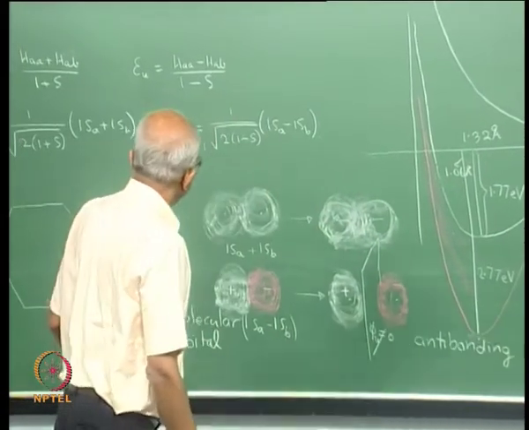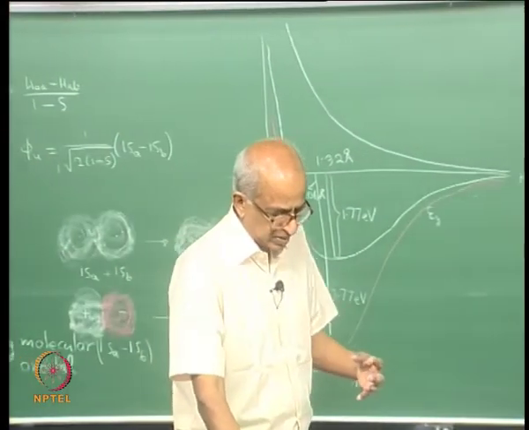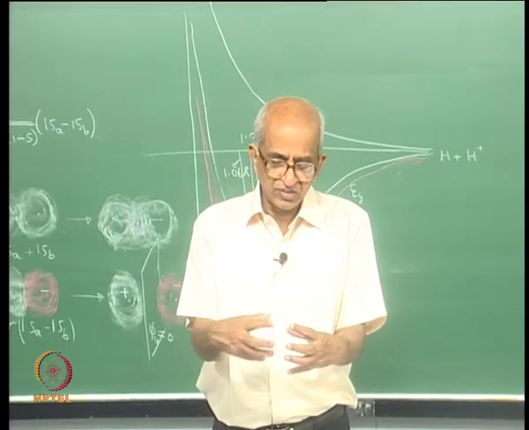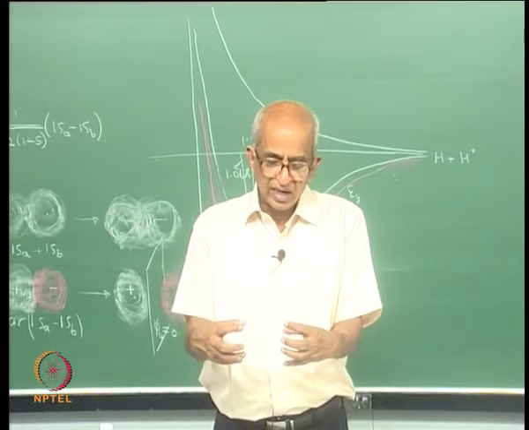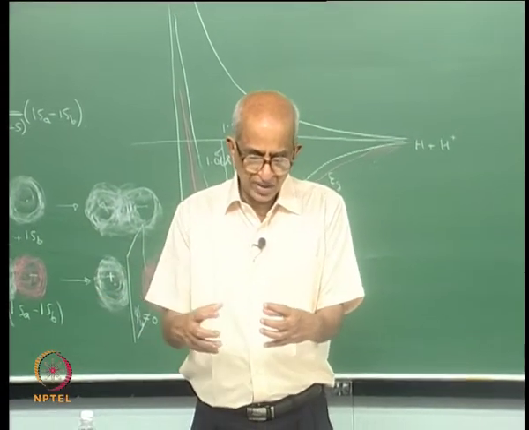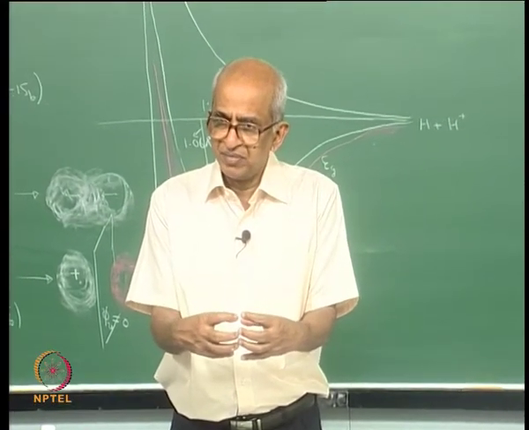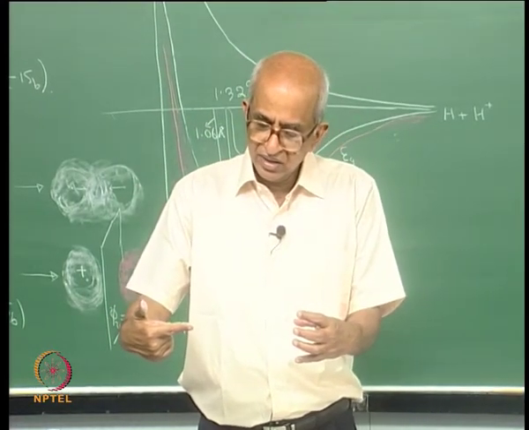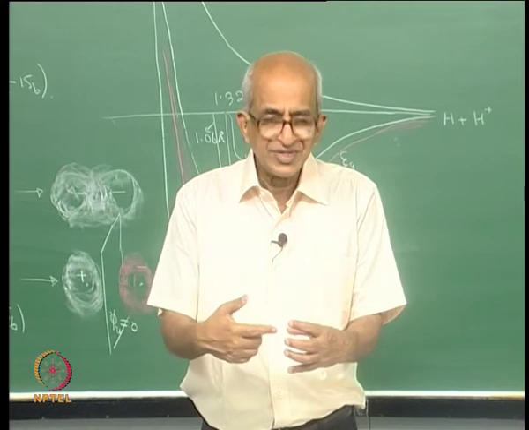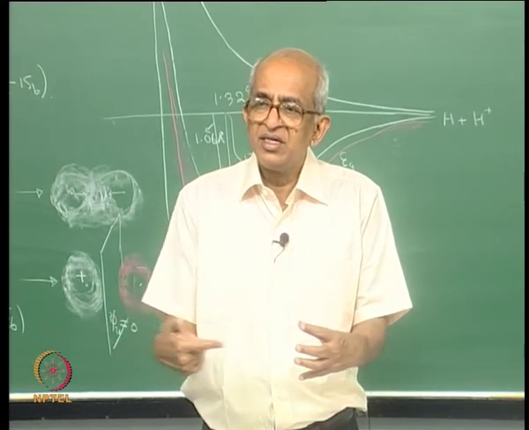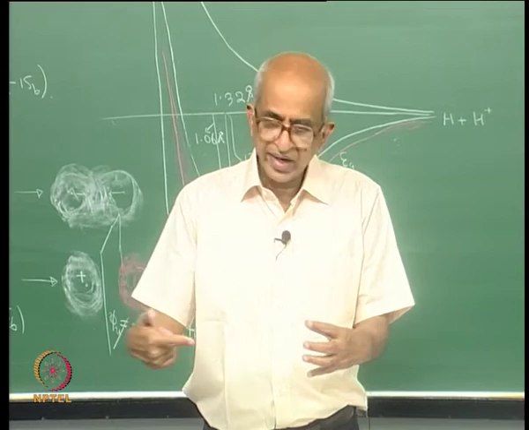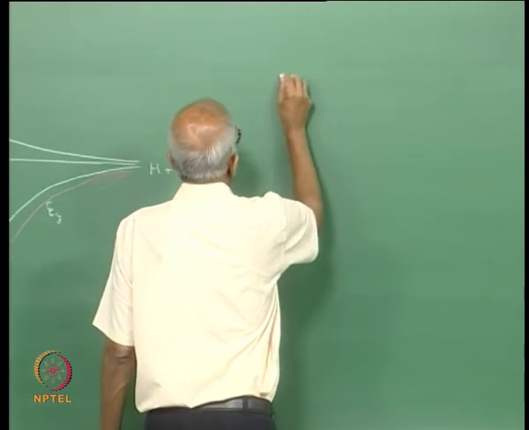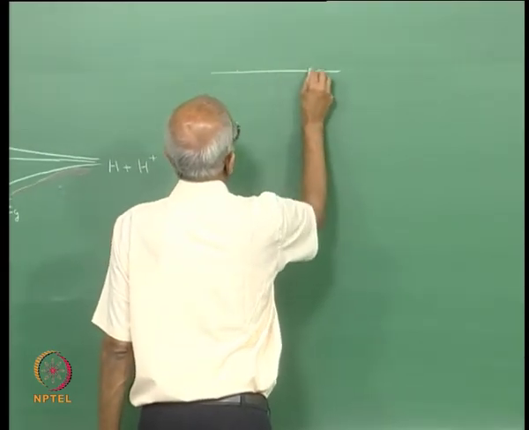Now, further, remember 1s orbitals are spherically symmetric. So, I have two 1s atomic orbitals, both of which are spherically symmetric, and in the first orbital phi g, you are just adding them up. But if you think about them, you will realize that they have cylindrical symmetry about the internuclear axis. Imagine the two nuclei are here, and think of an axis passing through both the nuclei.